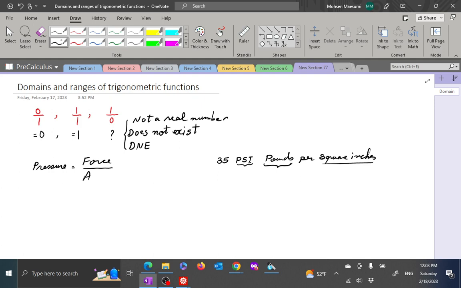That's of course the unit of area. So pressure is a ratio of force over area. So for example, if you get a glass of water, put it on your hand, it's going to exert some kind of pressure on your hand, and of course you have no problem tolerating that pressure.